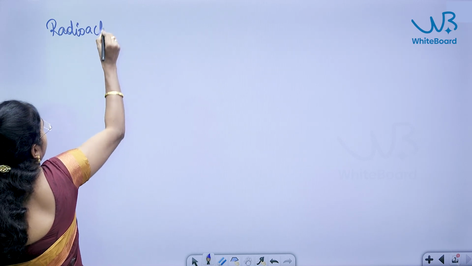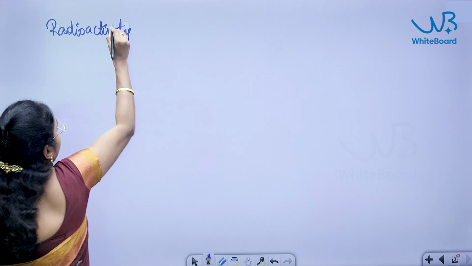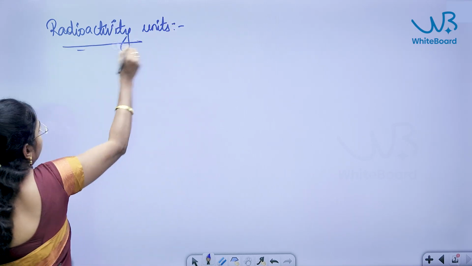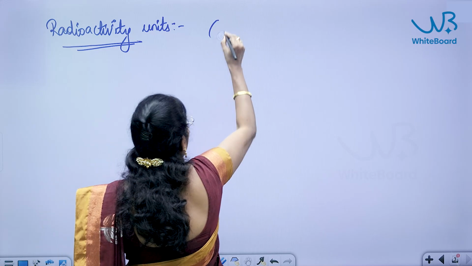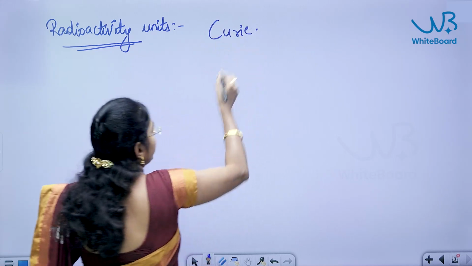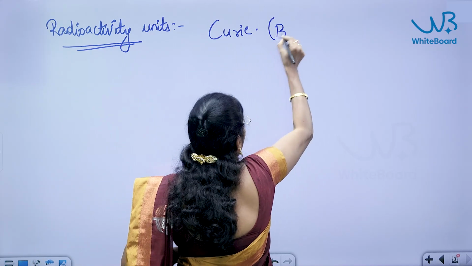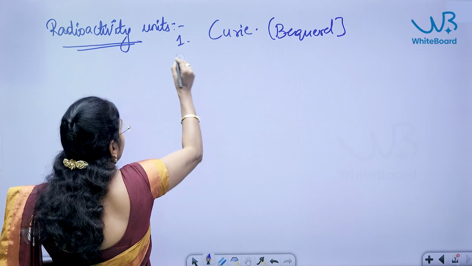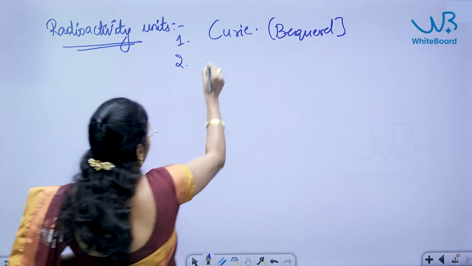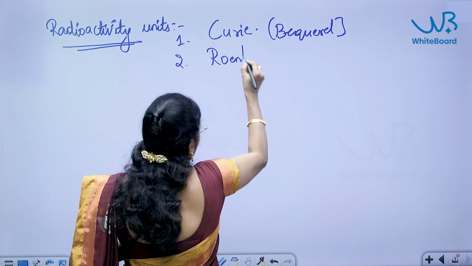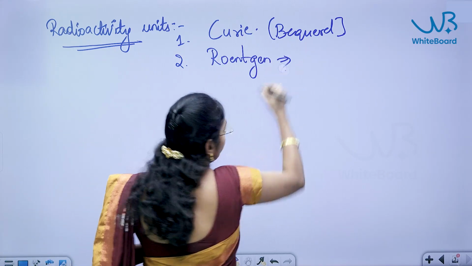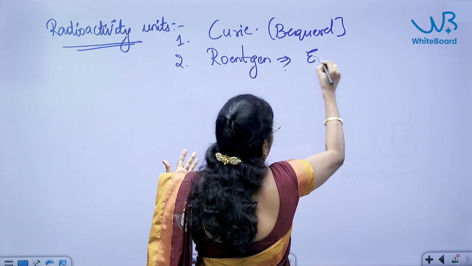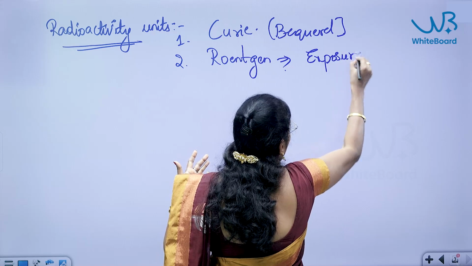Next, what are the units of radioactivity? This is also very important. Generally, Curie is the main unit, or becquerel. The other units are Roentgen, which is the unit of exposure.